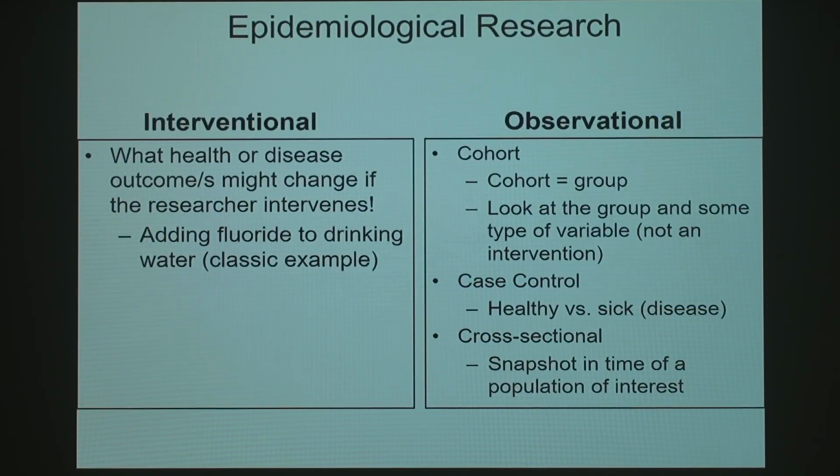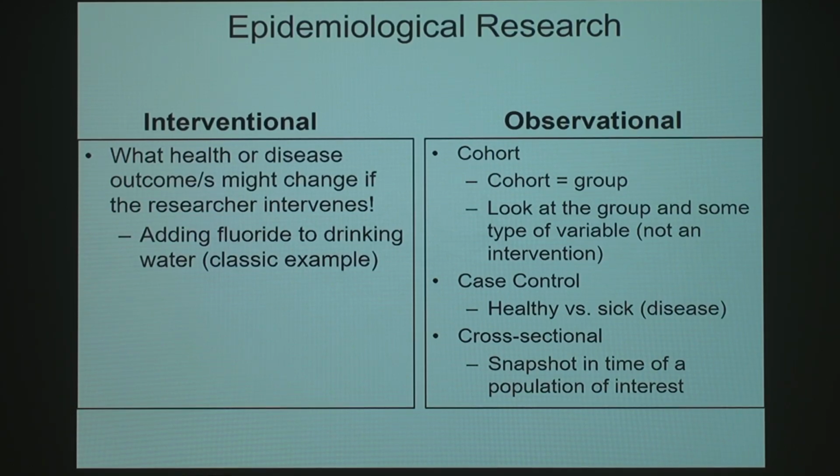For the population studies, again, observational, you're just looking at what happens. We're going to talk more about the specific types in detail when we get to the methodology lecture. But for the interventional, one seminal study was introducing fluoride to drinking water to decrease cavities. That was done in Michigan in the 1940s and 50s over a 10-year period, and they found a 50 to 60% reduction in cavities by adding fluoride to the water.